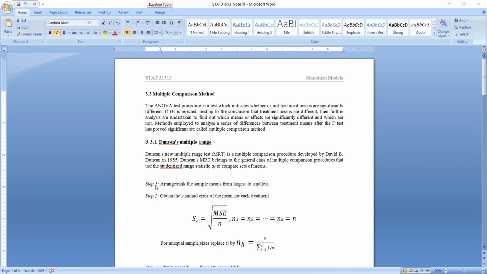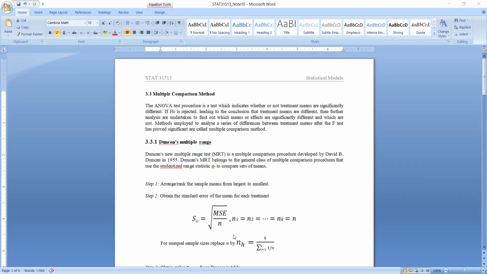You read the mean square error value from the ANOVA table that we constructed for this CRD, divide it by the number of replicates under each treatment, that is, if you have an equal number of replicates for every treatment, and then take the square root.